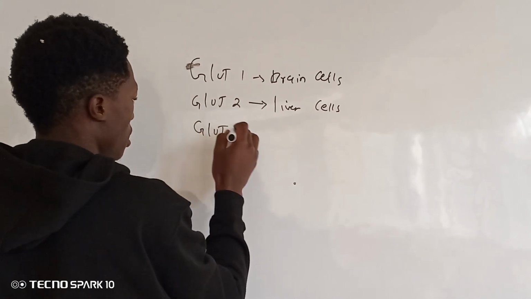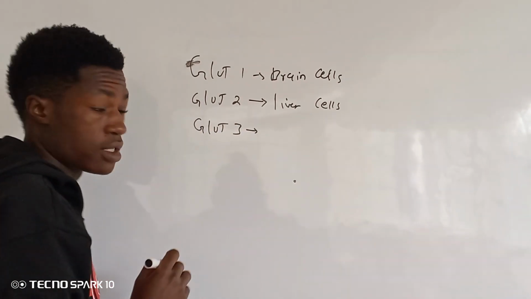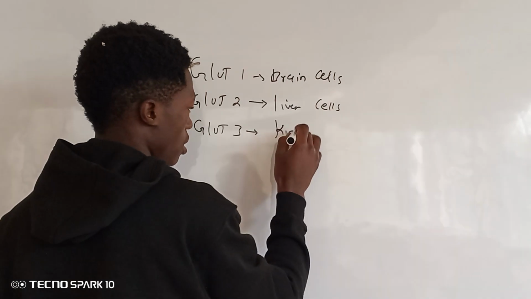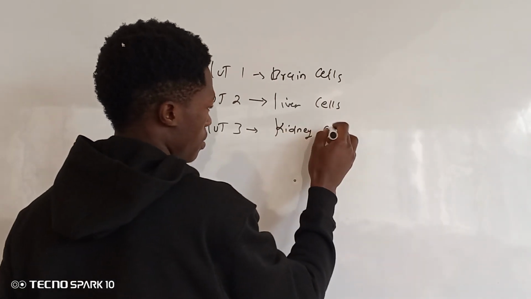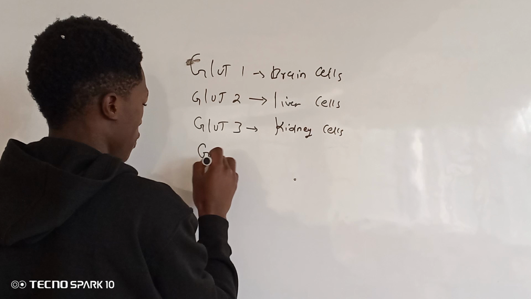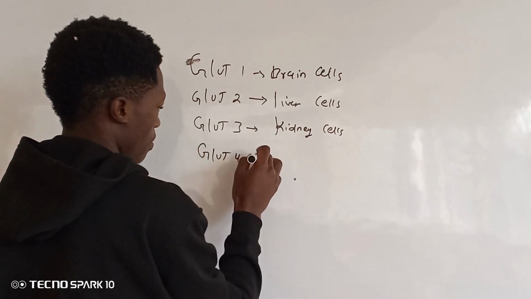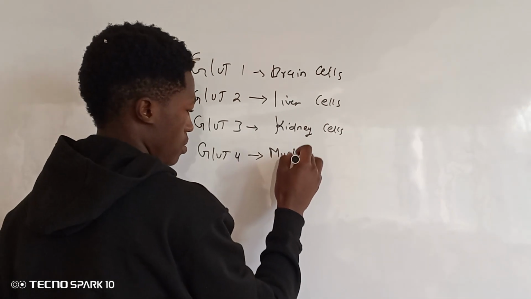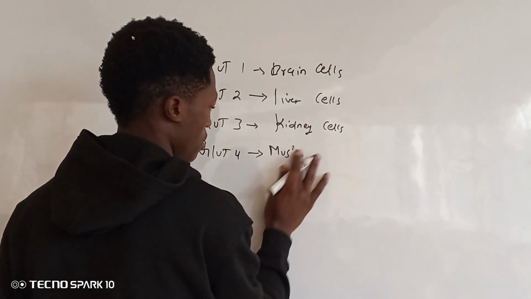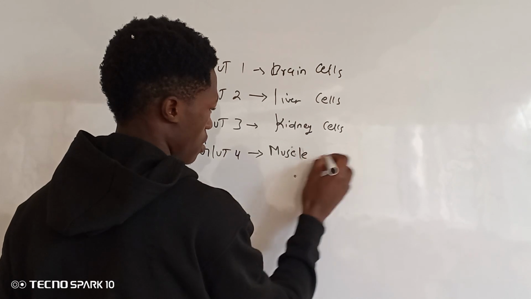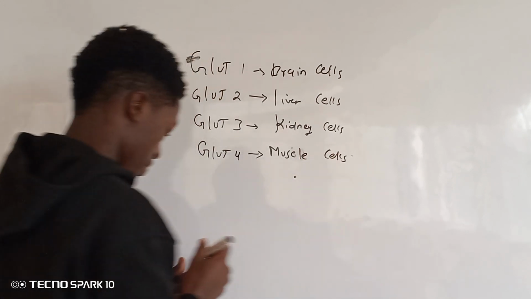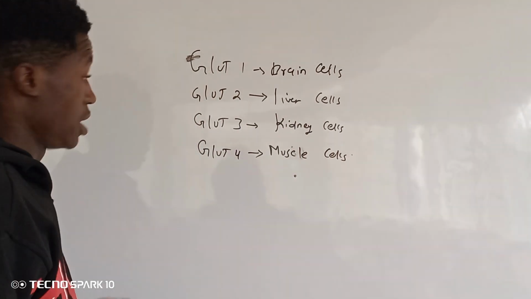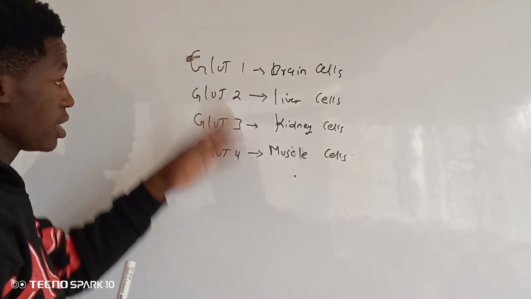GLUT 3 are mostly present in the kidney cells. Then you have GLUT 4, mostly present in the muscle cells. Now, these are glucose receptors for glucose molecules. So they're named based on the organ.